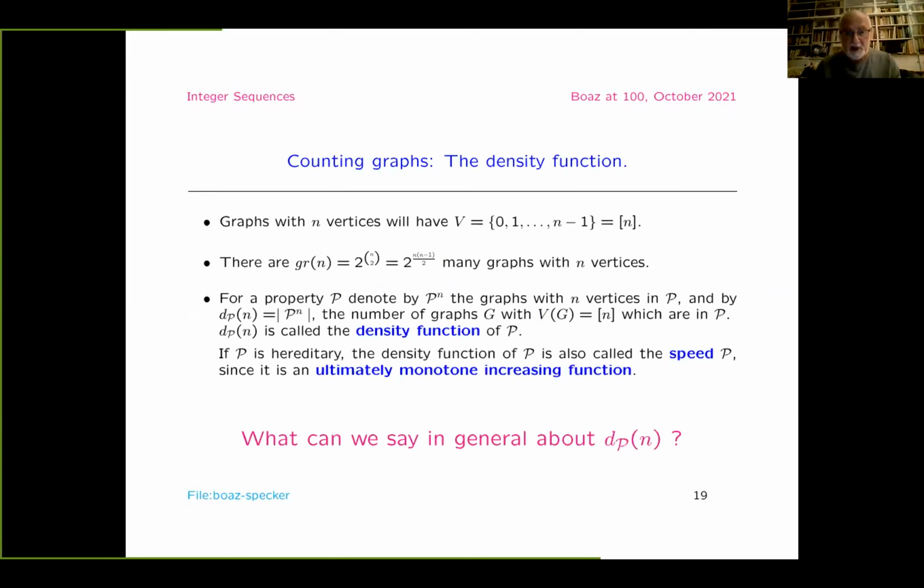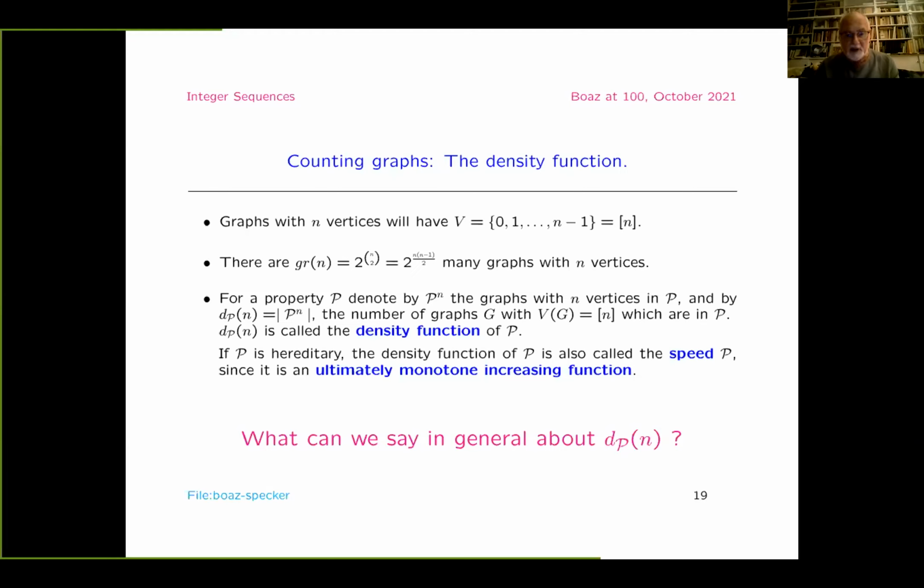For a graph on n labeled vertices, how many graphs are there labeled? There are 2 to the n choose 2 many graphs with n vertices. And for a property P, denote by P_n the graphs with n vertices in P, and by d_P(n) the number of graphs which are in P and have this underlying set.